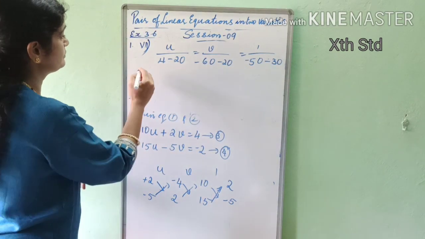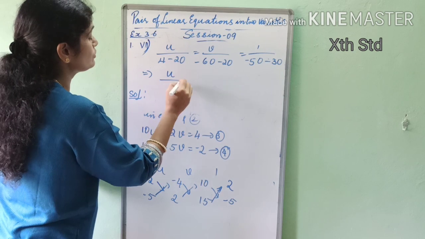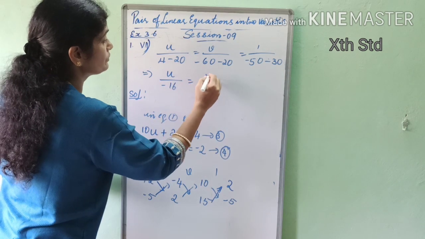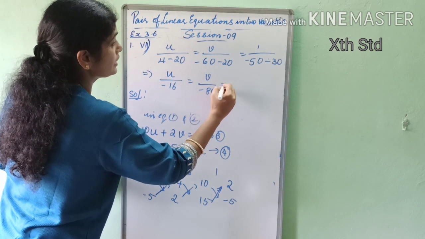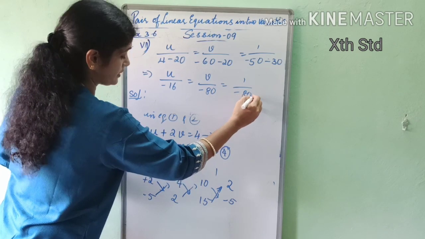Right? Now, simplify this. u by minus 16 equal to v by minus 80 equal to 1 by minus 80.